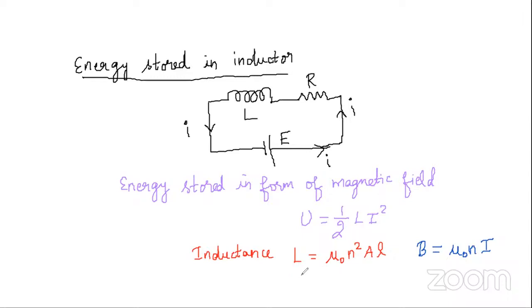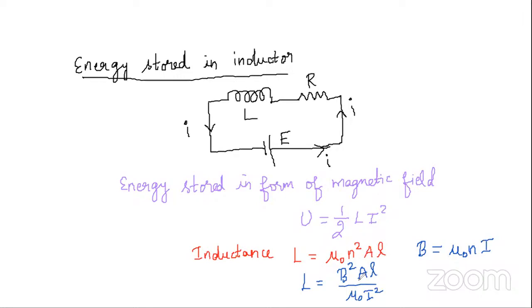So L is equal to B square AL divided by mu naught into I square. If you substitute the value of B and I squared here, you will get the expression for inductance based on this magnetic field.